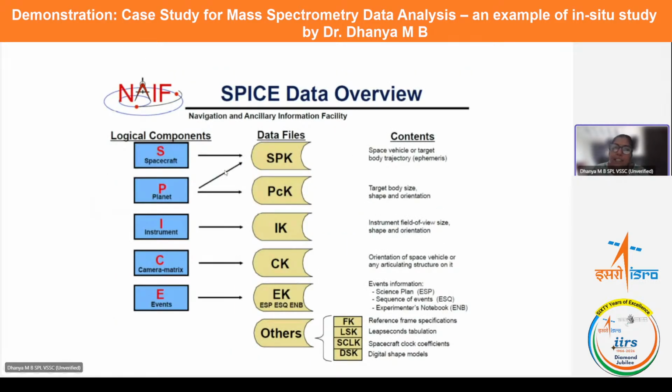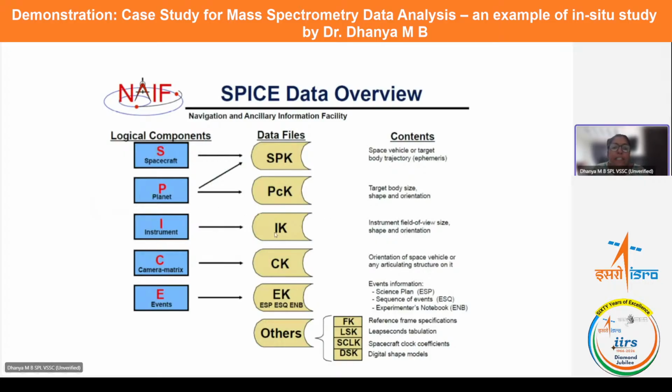Which are the files? There is a file called the SPK file, which has an extension of .bsp. B stands for binary, and it contains the position of the spacecraft. We call it ephemeris. Then there is the PCK, the planetary constants kernel, which has constant parameters about a given planetary body.